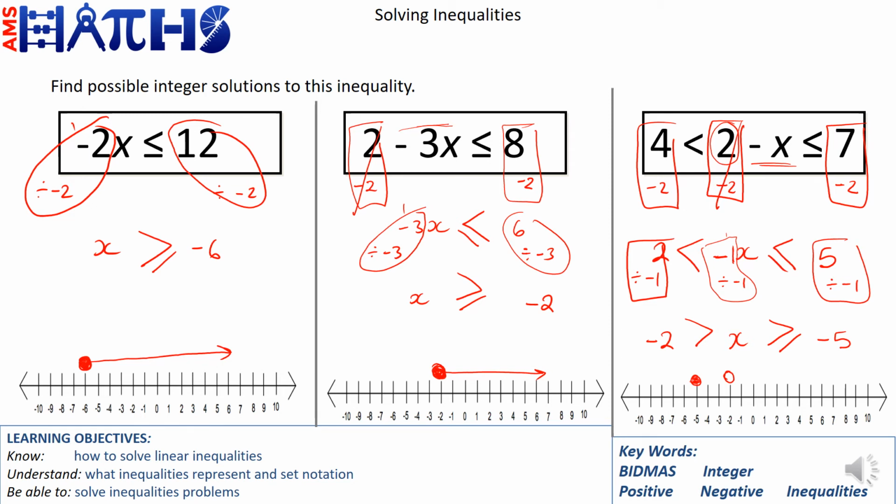So we'd be going to the right of minus 5 but to the left of minus 2 because x is less than minus 2, and so we will end up here in the middle of the valley in between minus 5 and minus 2. So that is the answer for our inequality when we're showing that on the number line.